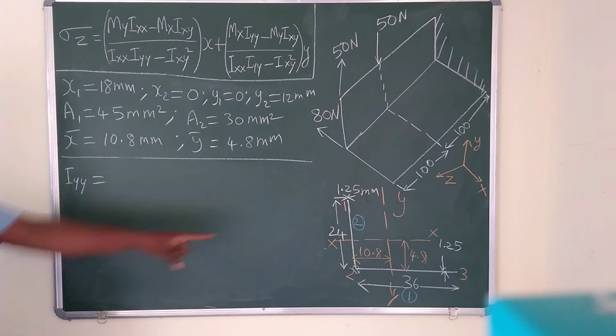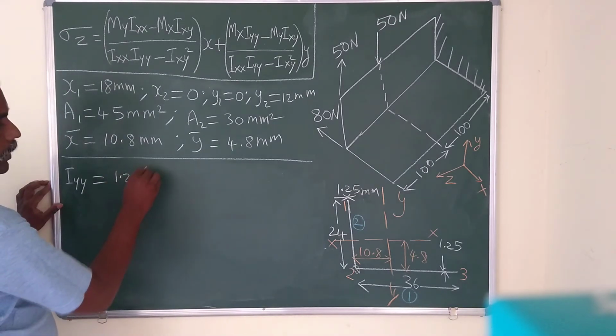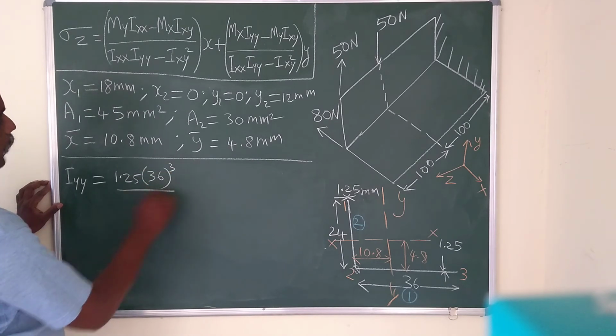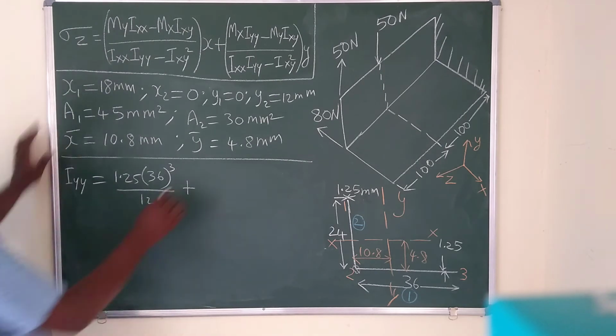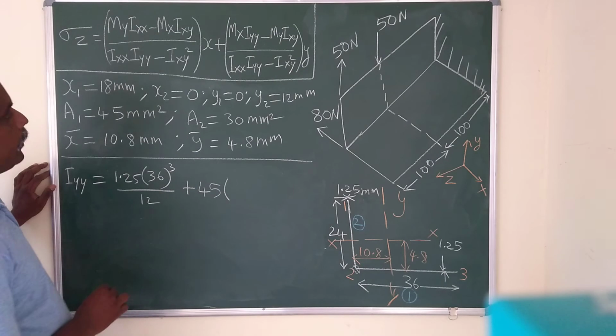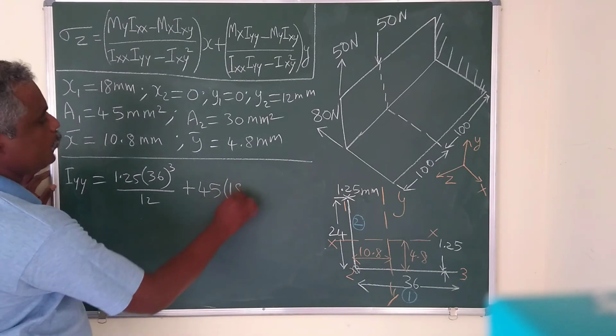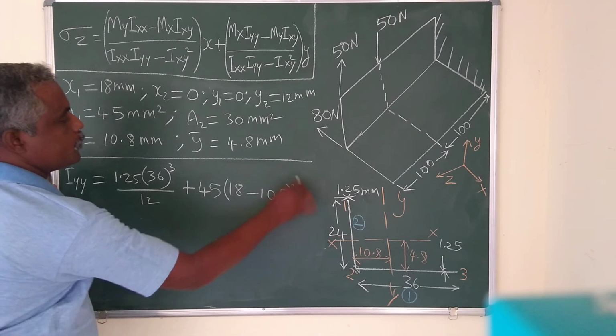So for the section 1, dB cube by 12, d is 1.25, b is 36, cube by 12, plus area of the section 1 is 45, x1 minus x bar, x1 is 18, minus x bar is 10.8 square.